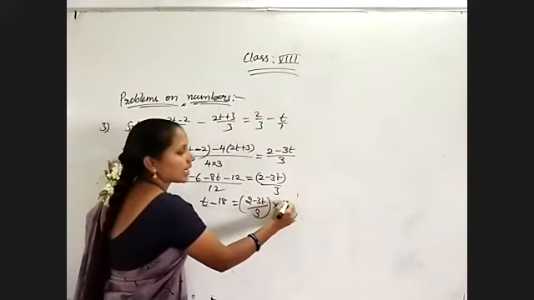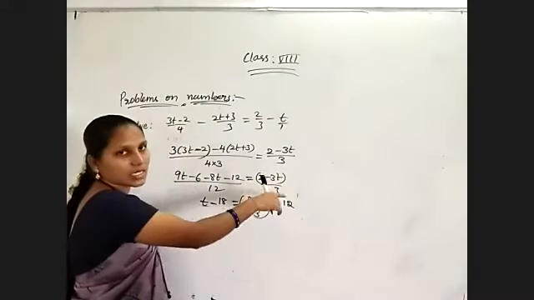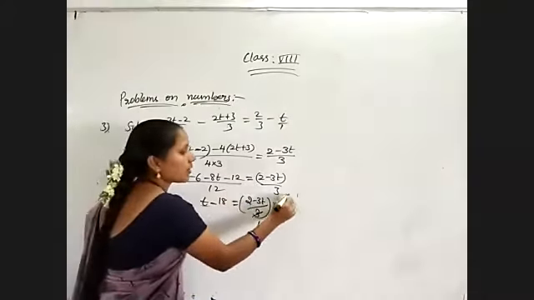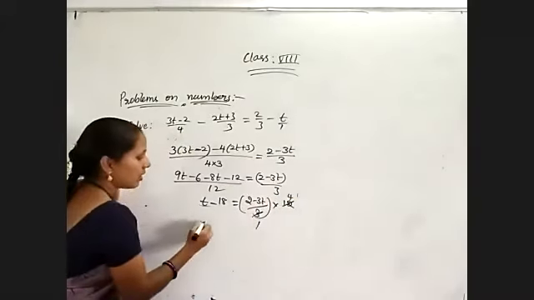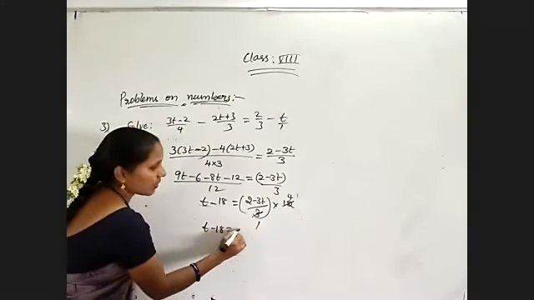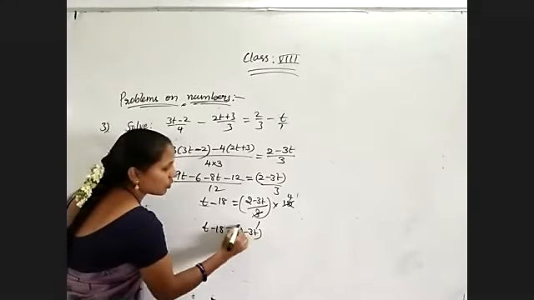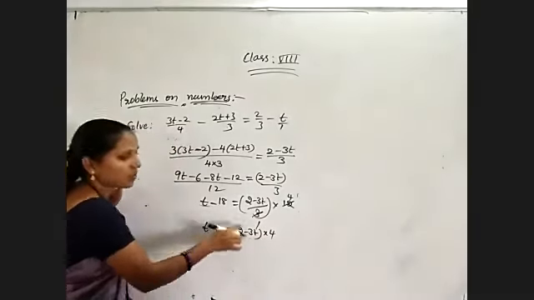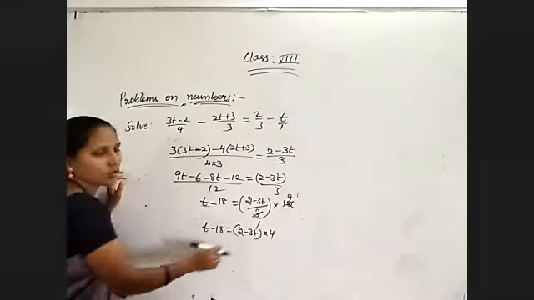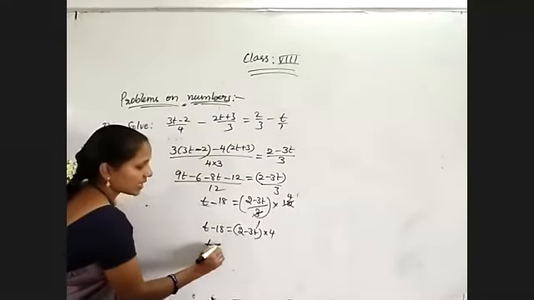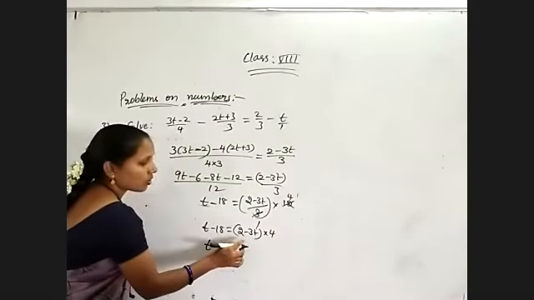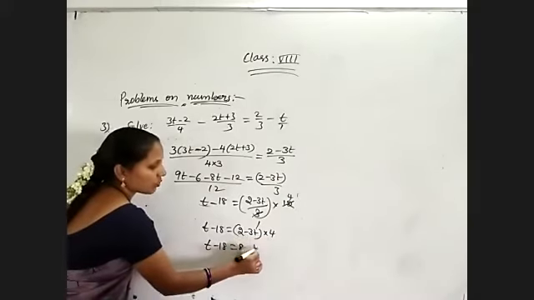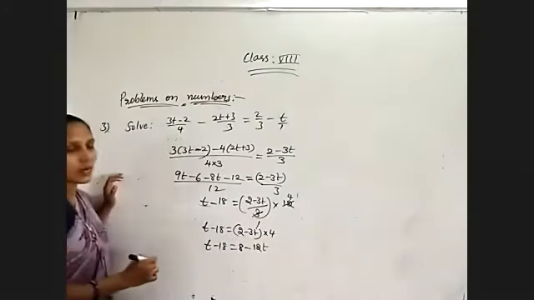Now t minus 18 is equal to (2 minus 3t) into 4. So multiply each and every term with 4. First remove the bracket. That is t minus 18 is equal to 4 2s are 8, minus 4 3s are 12t. So now it is very simple.